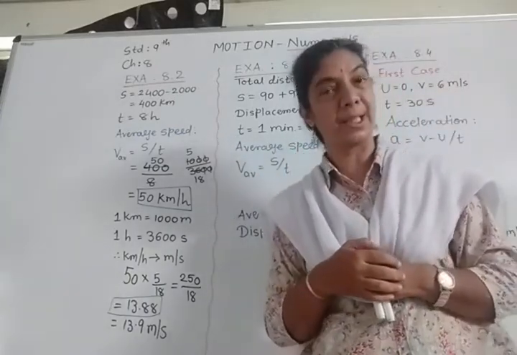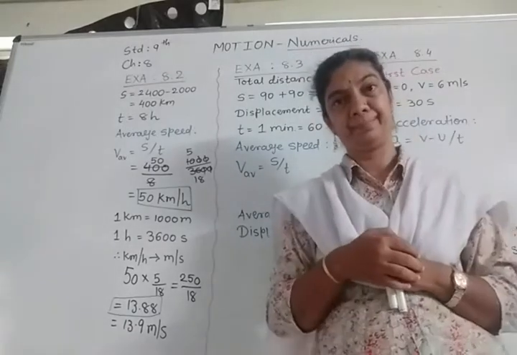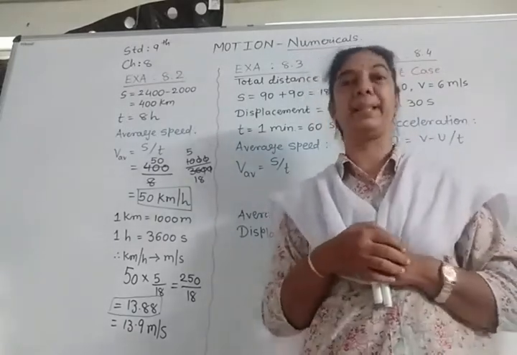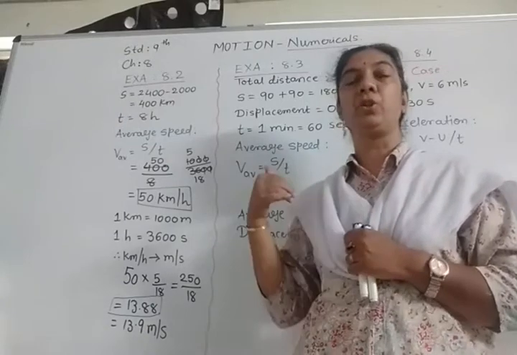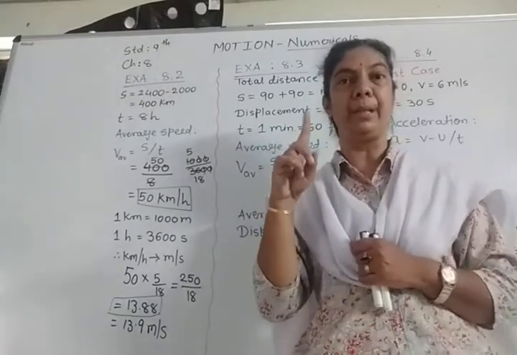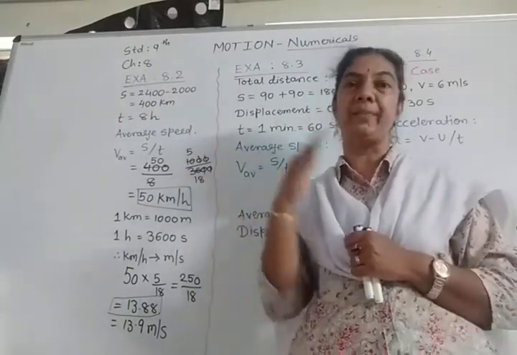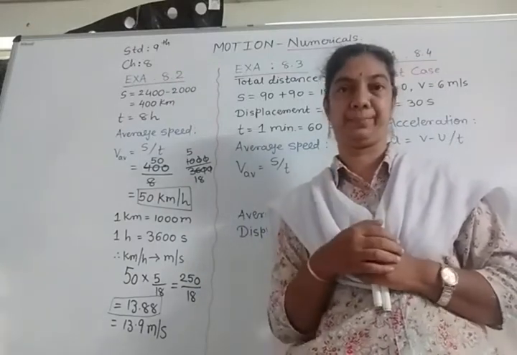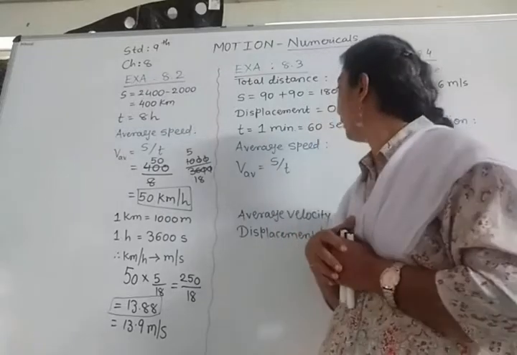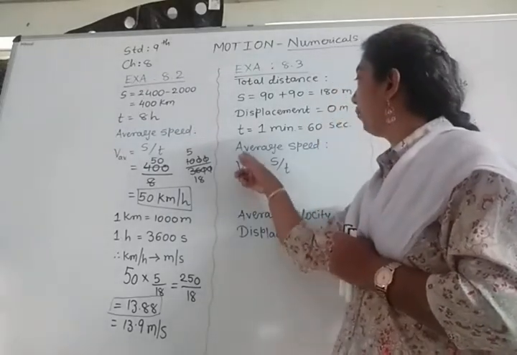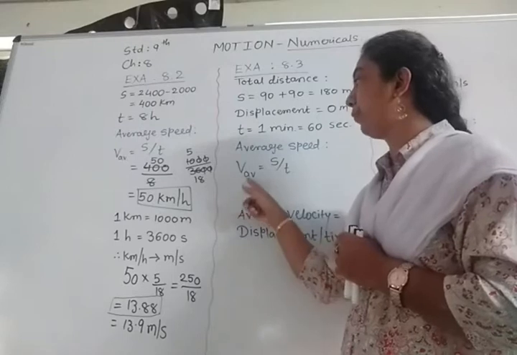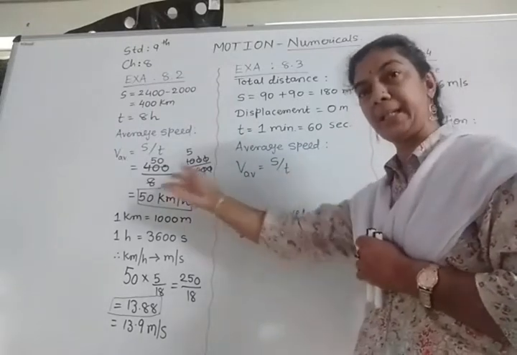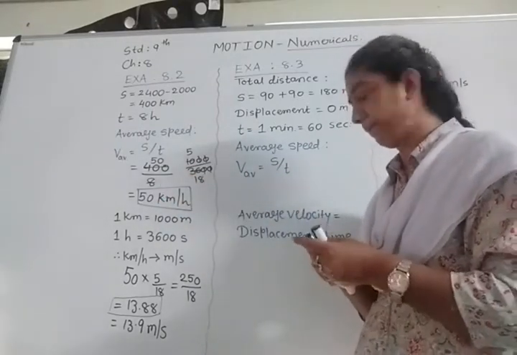What is the standard unit of time? Yes, it's second. So we have to convert this 1 minute into seconds, and we know that 1 minute equals 60 seconds. So we get the formula for average speed, V_av equals S by T, just like we have done.